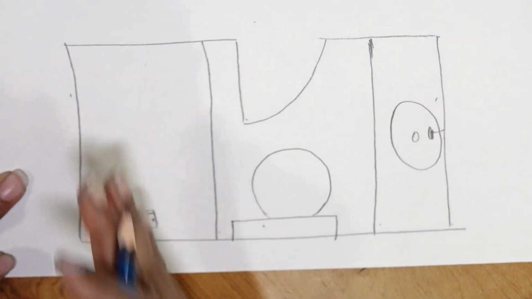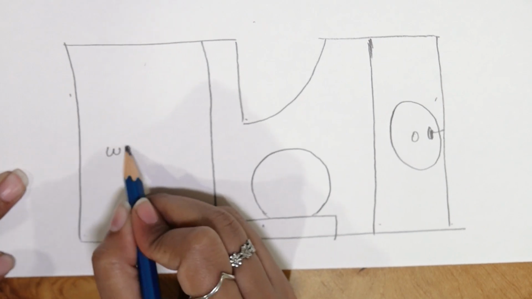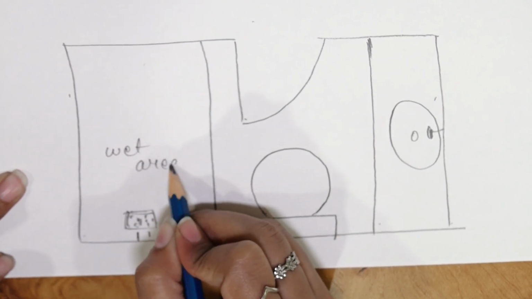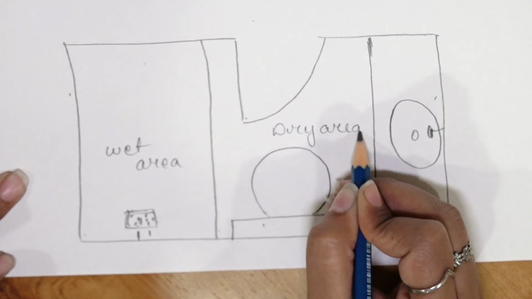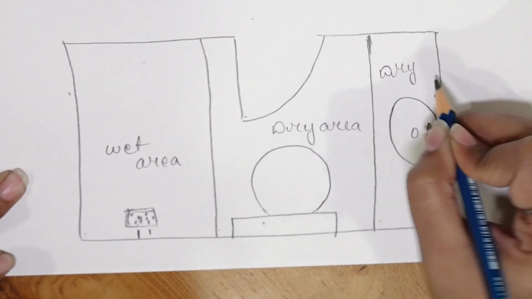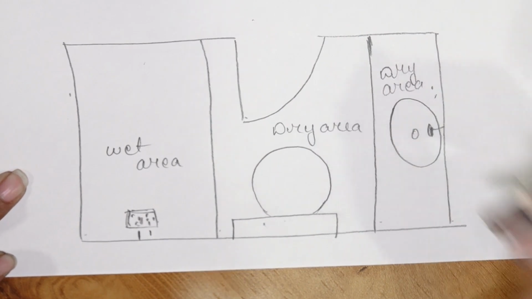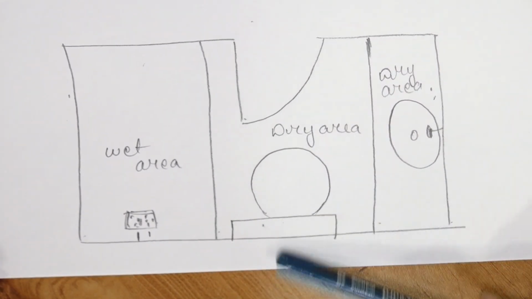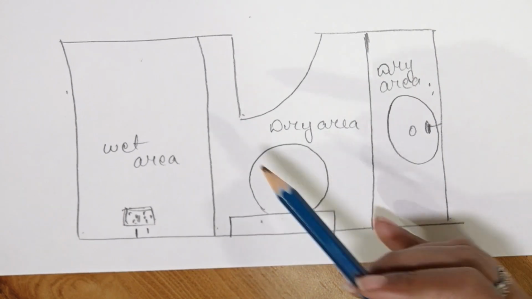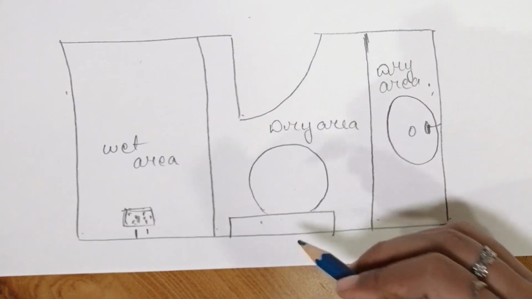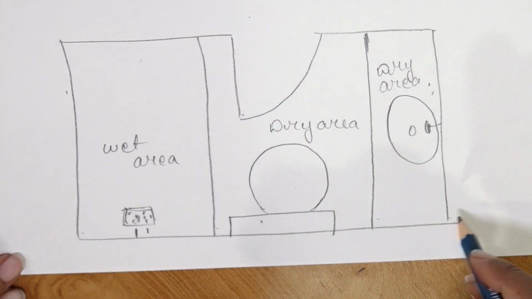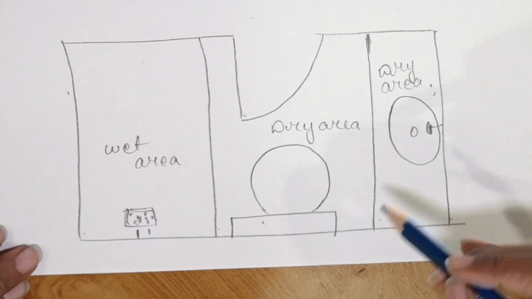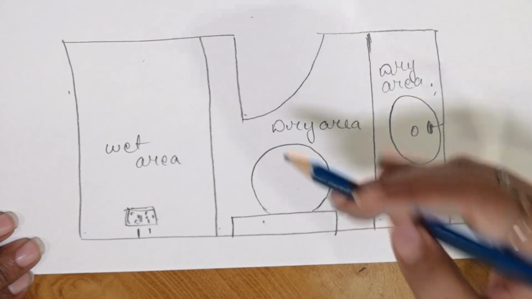Again, we have different areas like wet area, dry area, and again dry area. For some of you, this planning is not appropriate because as soon as you open the door, you will see the WC.